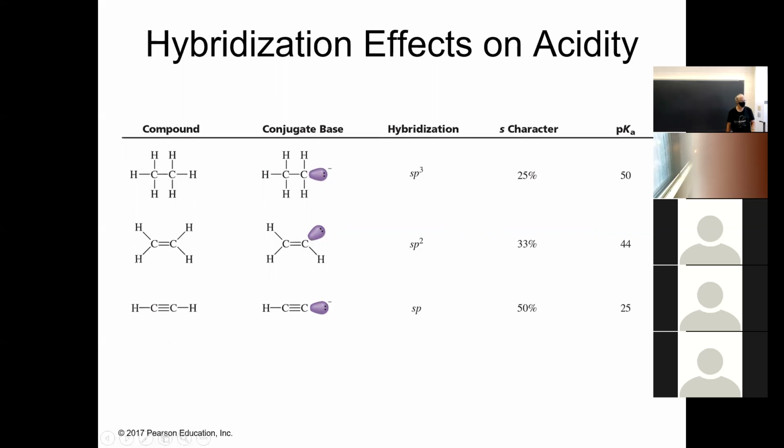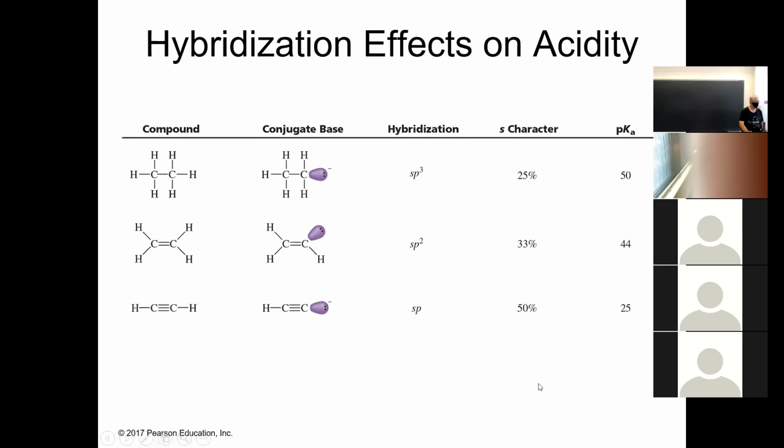We see this with CH bonds as well. I'm going to start down here at the bottom. This is acetylene. It has a linear geometry. It's sp hybridized. Its pKa is 25. This sp2 hybridized CH bond has a pKa of 44, and then the sp3 or tetrahedral has a pKa of 50.